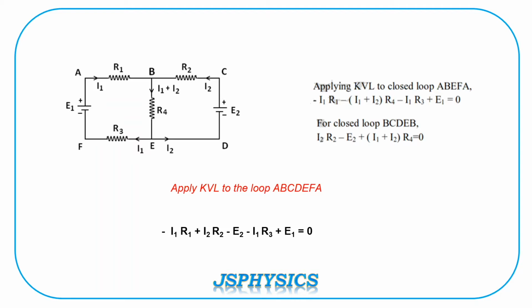Suppose you get the value of current to be negative, that means the actual magnitude of the current is the same, but the direction is opposite. So the direction of current which we have assumed in the circuit is opposite to the actual current. That is the meaning of a negative value of current in the result.